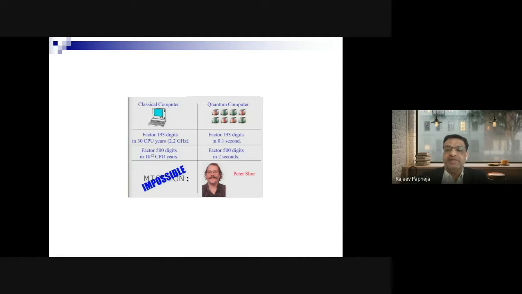Then it would be able to factor the 193-digit number in 1/10 of a second. That's just 0.1 second. And the 500-digit number, it could find the factors in less than 2 seconds. Now, the vastly different scaling of the resources we need to solve the problem as the problem size increases, if we use a quantum computer.